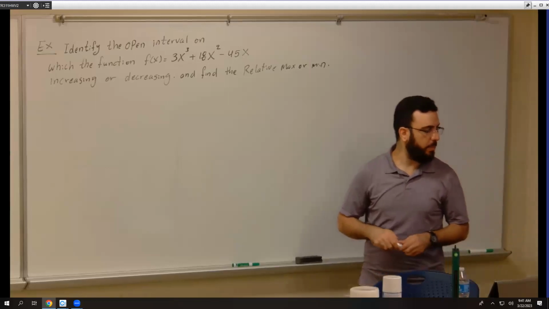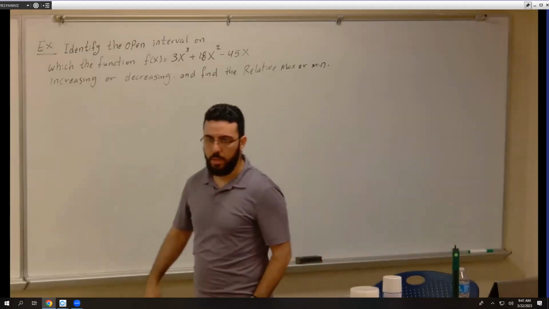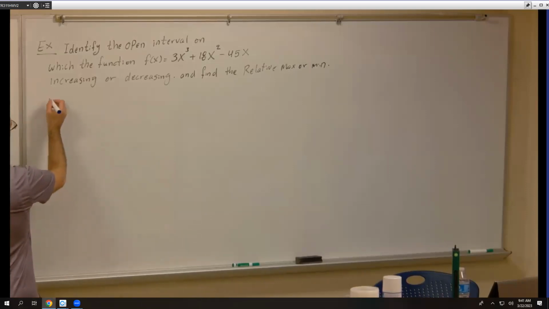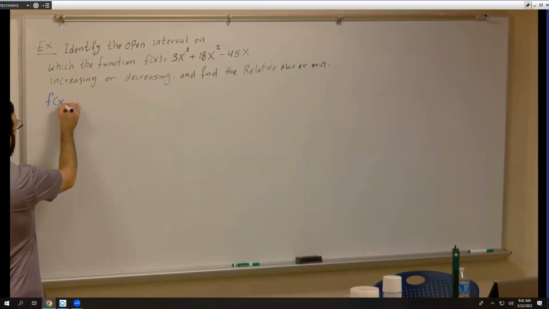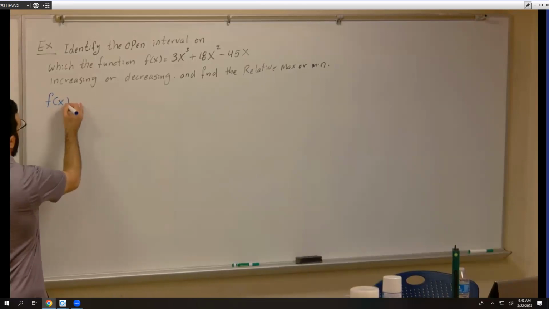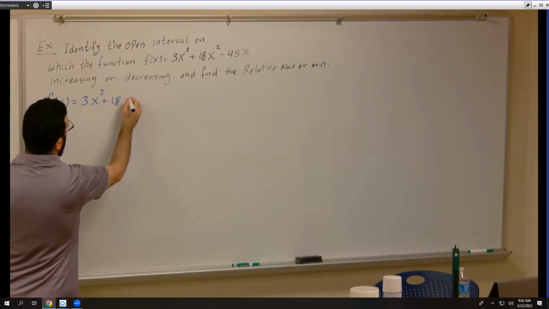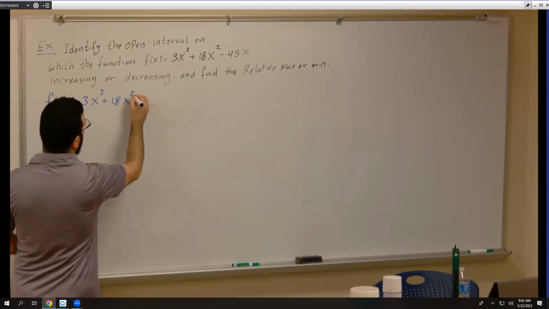So here's another example. Find the open intervals in which the function is increasing and decreasing, and find the relative minimum and maximum. Here is my function, f of x equals 3x cubed plus 18x squared minus 45x.